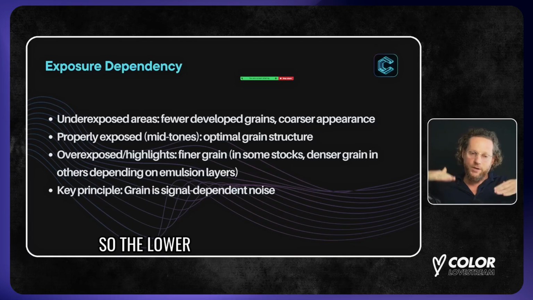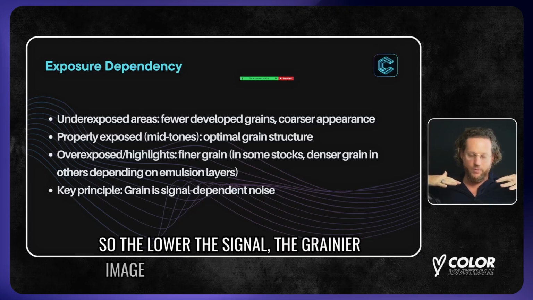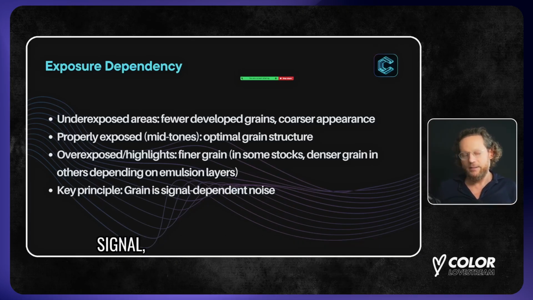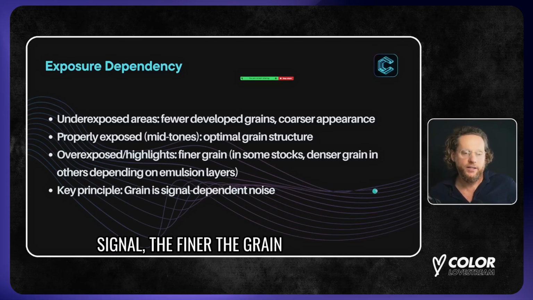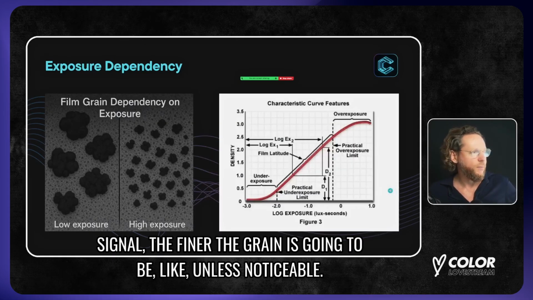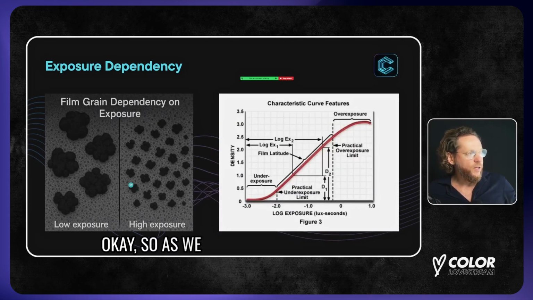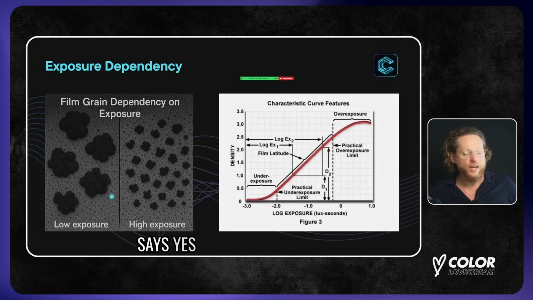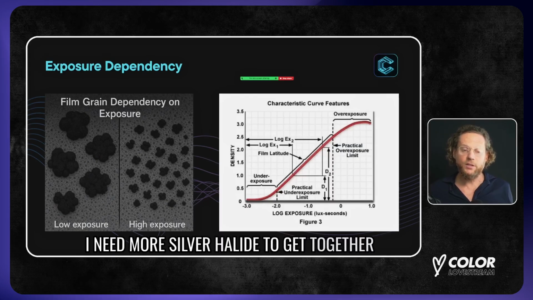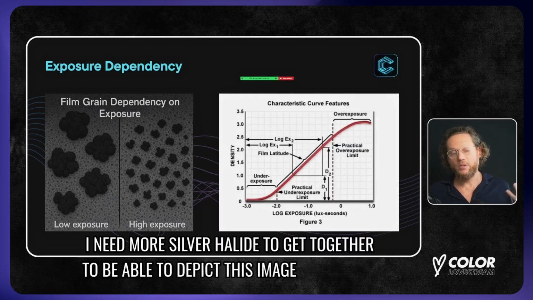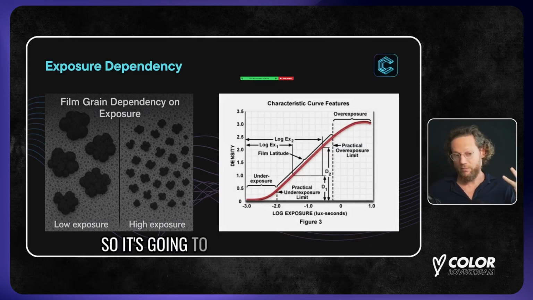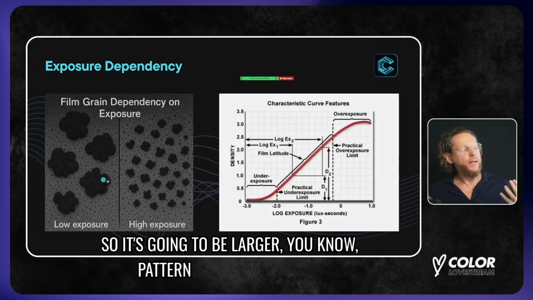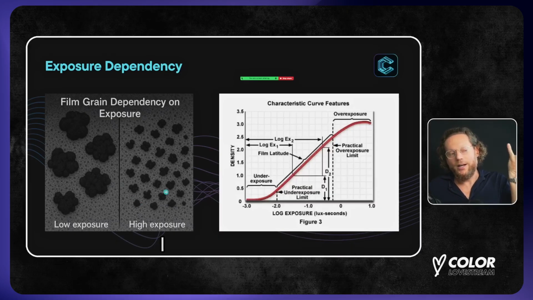So the lower the signal, the grainier the image is going to be; the higher the signal, the finer the grain is going to be, and less noticeable. As we can see in this slide, on low exposure I need more silver halide to get together to capture this light, so it's going to be a larger pattern. On high exposure, I need it very small.